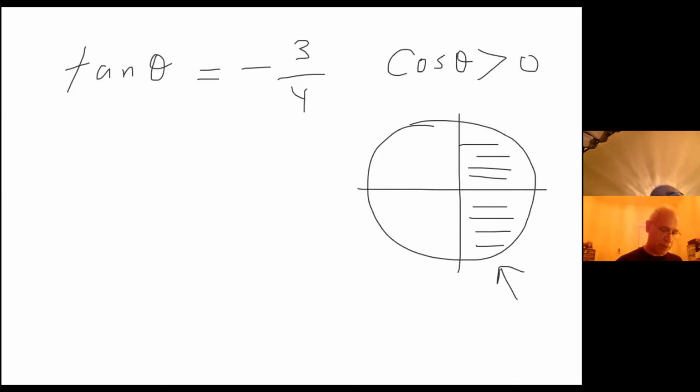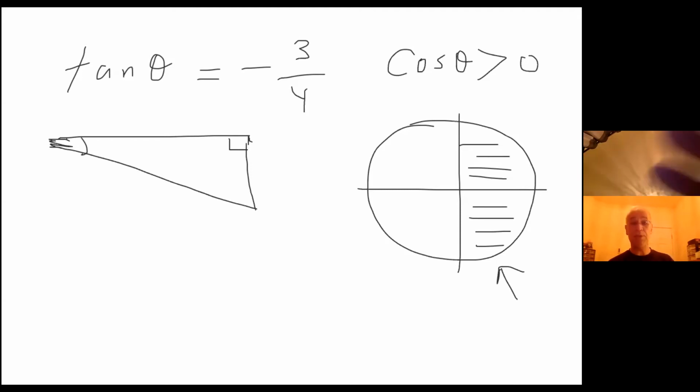So if I draw a right triangle in quadrant 4, something like this. Here's the theta, and here's the 90 degrees.